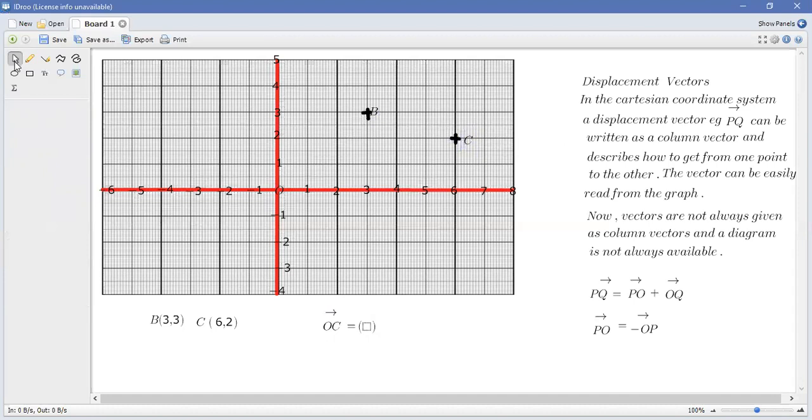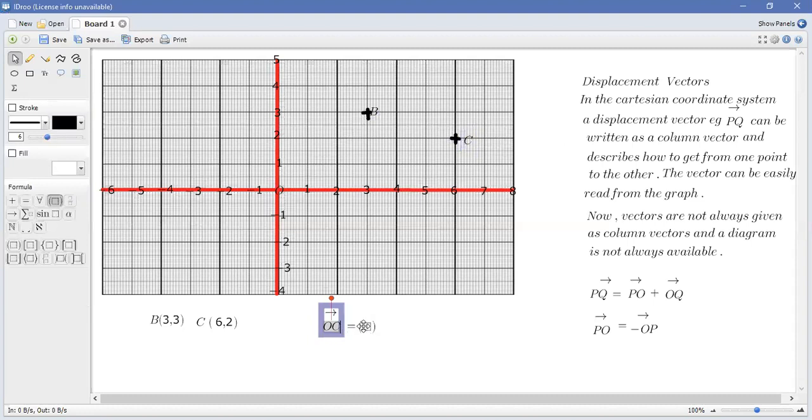So you said it can be written as a column vector. Exactly. So how do you write OC as a column vector now? Tell me how you write it.